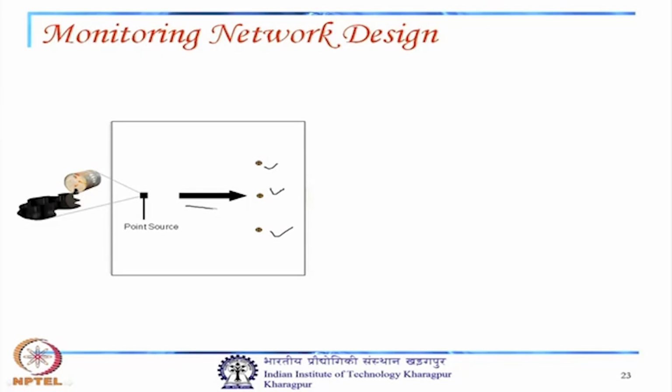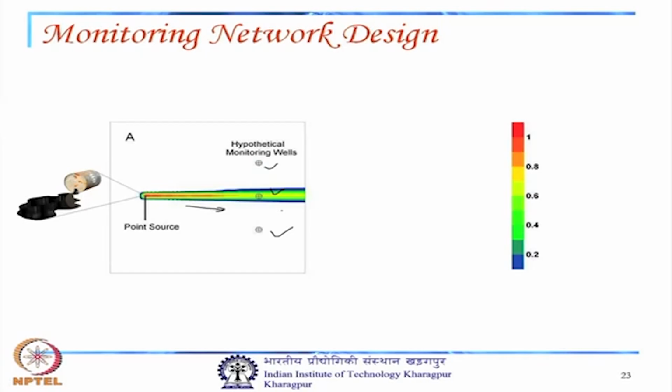This is the direction of the hydraulic gradient. So, ideally this point source should be detected by this particular monitoring well, and if we estimate the concentration there, we can correctly identify that point source.